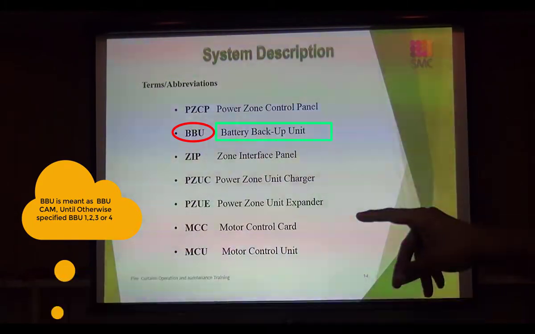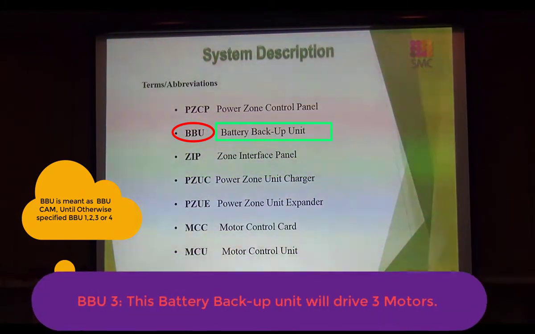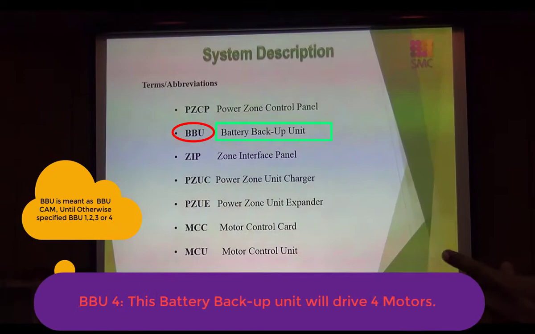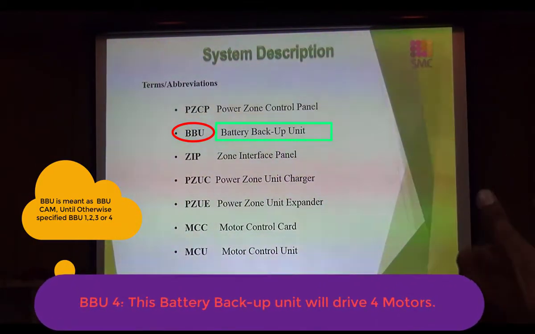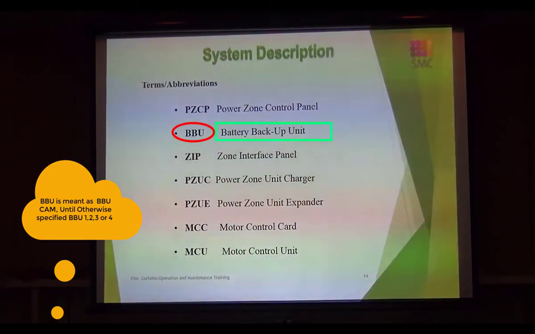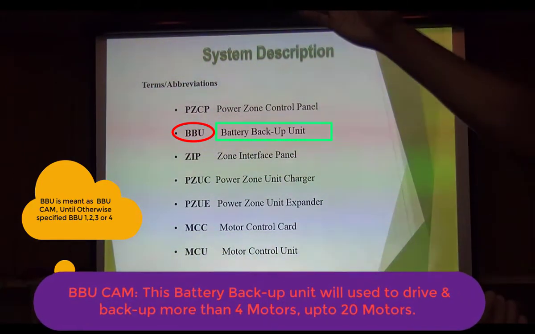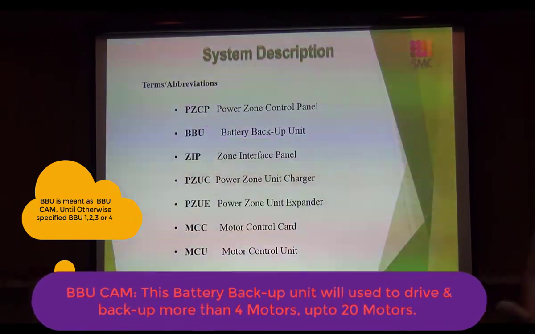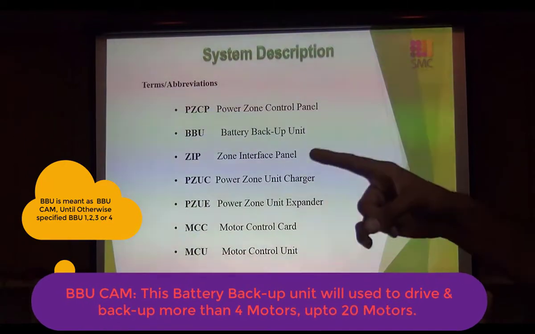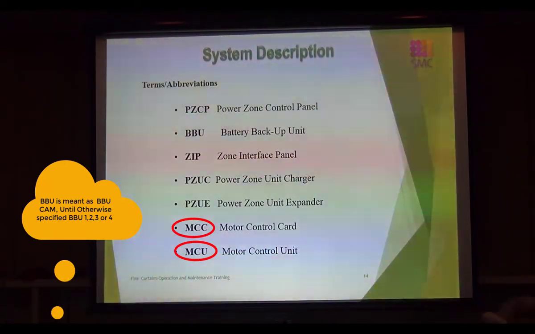There will be BBU3. It means this is providing battery backup for three motors, and BBU4 is the same. And BBU CAM then comes. If we have more than 4 curtains in an area, then we will be using a BBU CAM. A BBU CAM can handle up to 20 motors, and if more is required, then they use the expander. And now there is MCC and MCU.